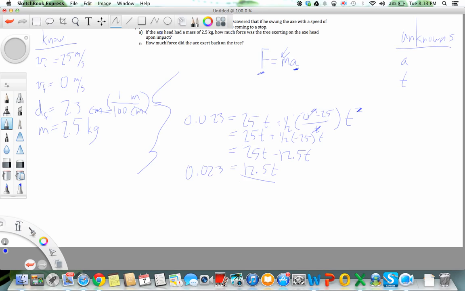Do a little algebra. Divide both sides by a number. We're going to get that the time it will take for the axe to stop will be 0.023 over 12.5. And in a rare moment, I have actually used a calculator.